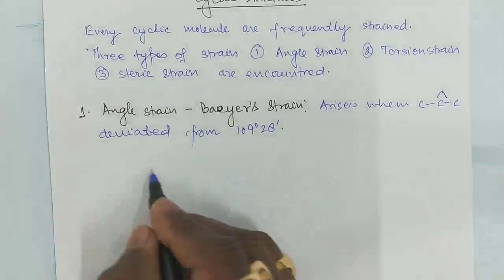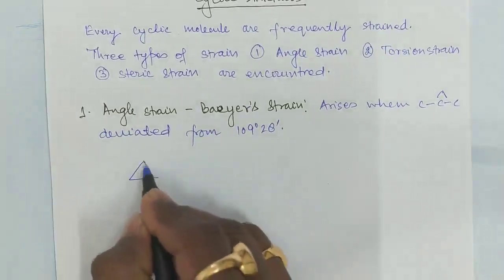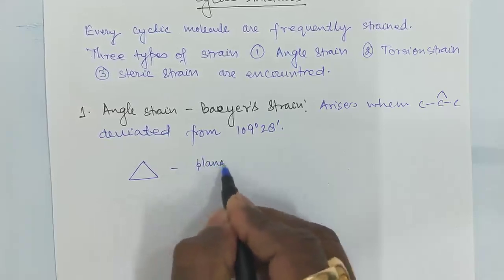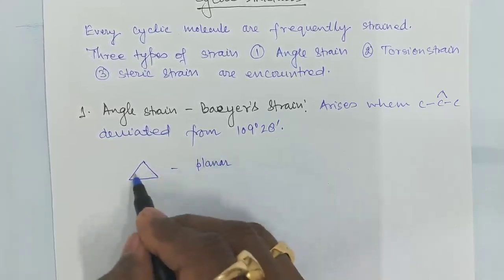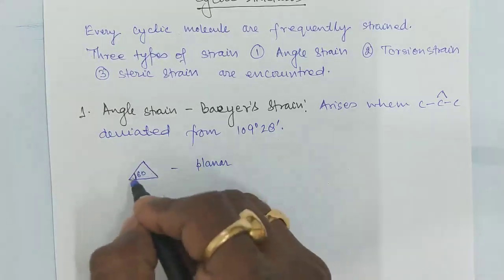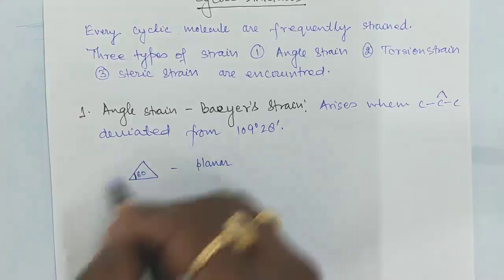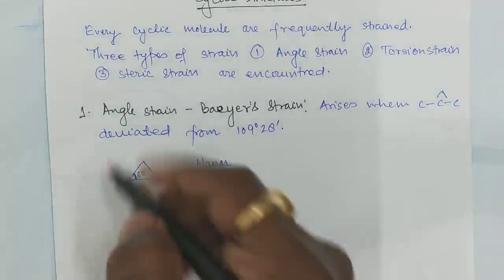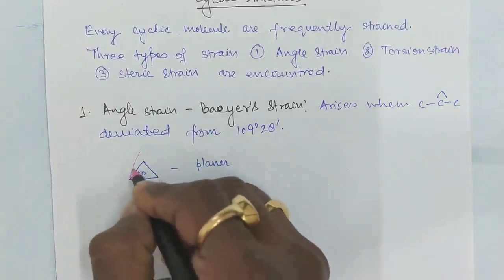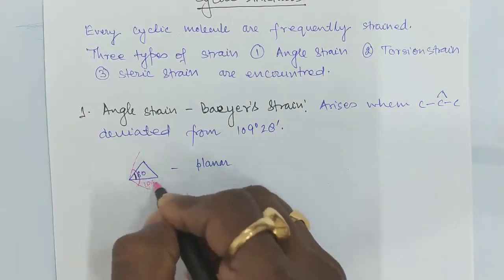For example, if we take cyclopropane, it is a planar structure, and the bond angle is 60 degree here. Since the carbon is sp3 hybridized, what is the expected bond angle? The expected bond angle is 109 degree 28 minutes.